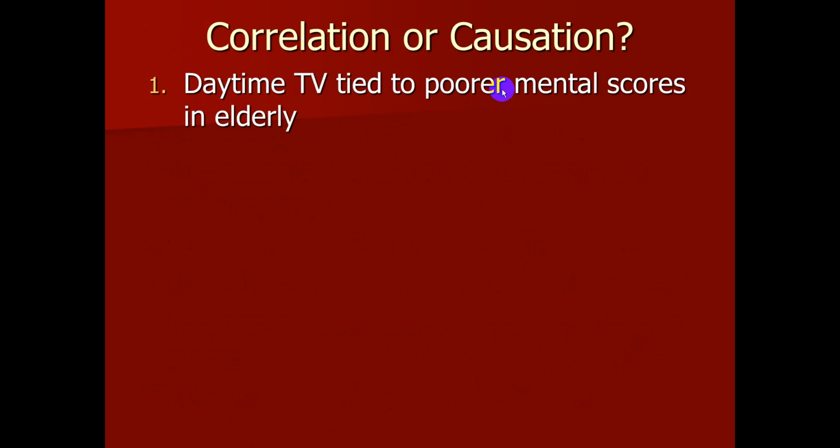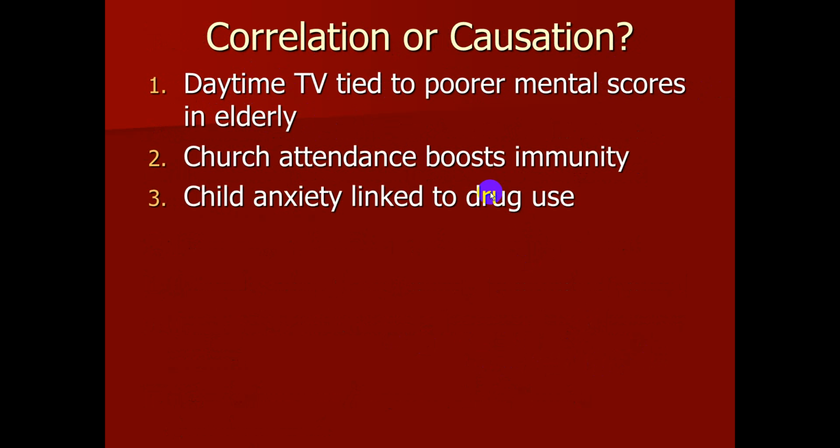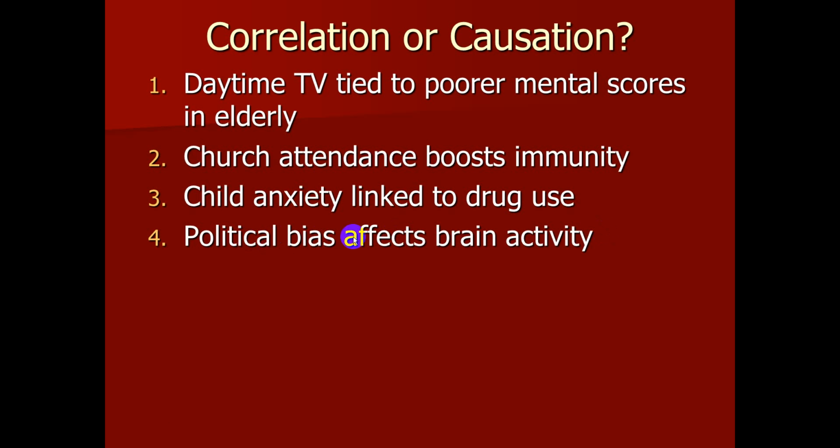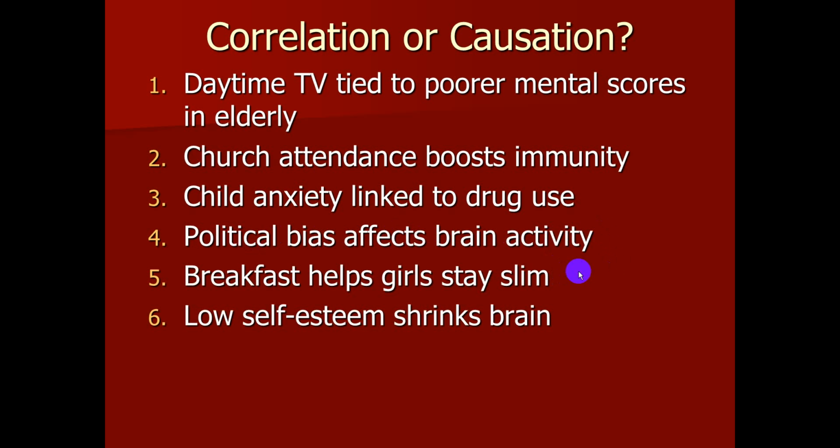Daytime TV tied to poor mental scores in the elderly. Correlation, causation. Church attendance boosts immunity. Child anxiety linked to drug use. Political bias affects brain activity. Breakfast helps girls stay slim. And low self-esteem shrinks the brain. Eat sweets, live longer.